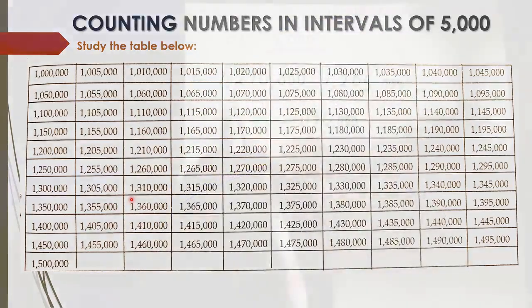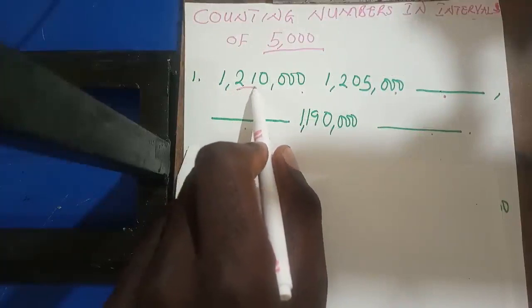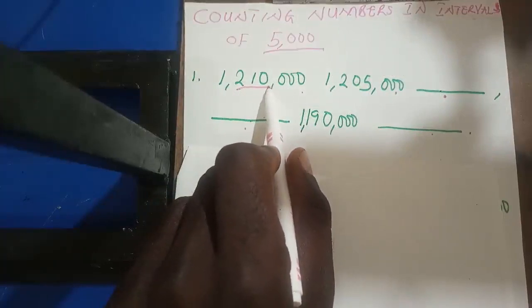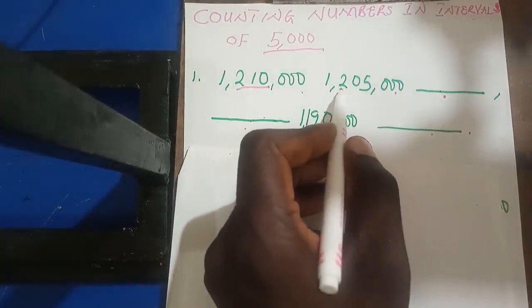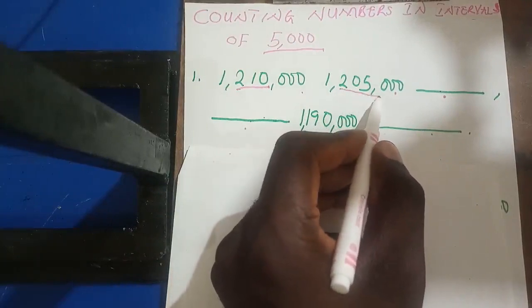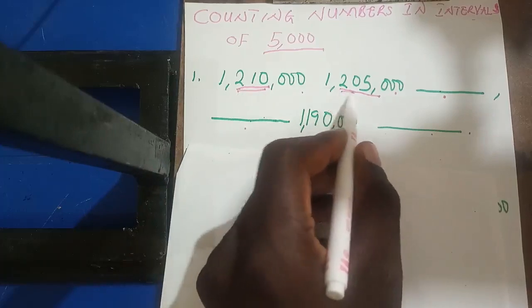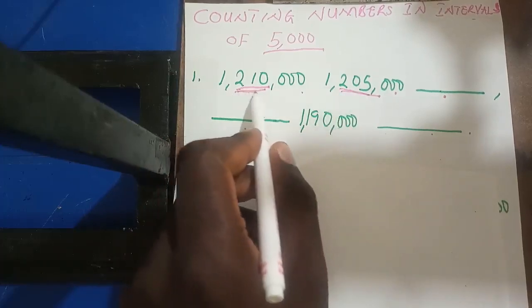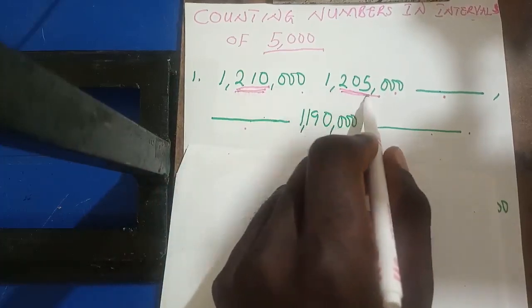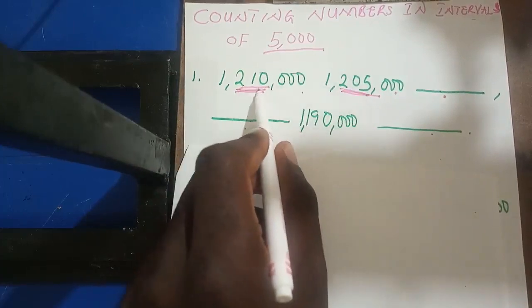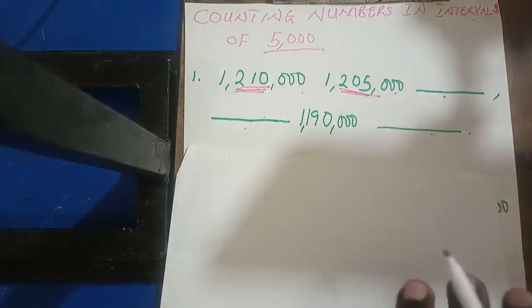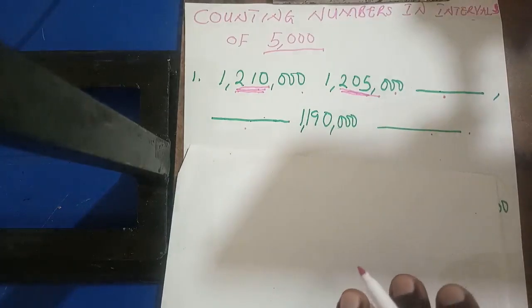Now, let us find the clue. Here it is 1,210,000, and here it is 1,205,000. 210, 205. Look at that.